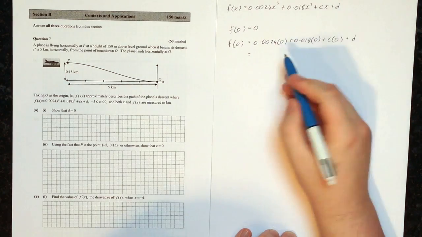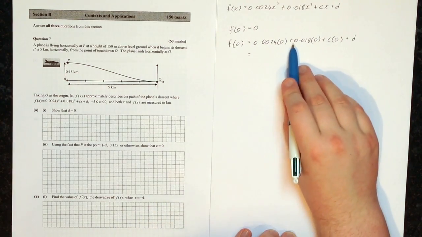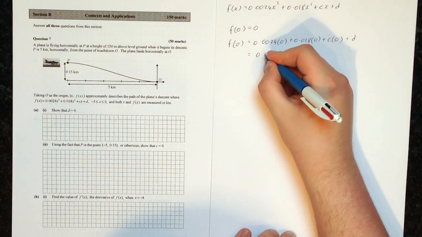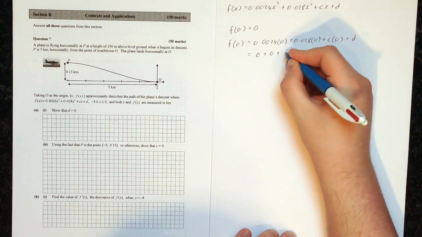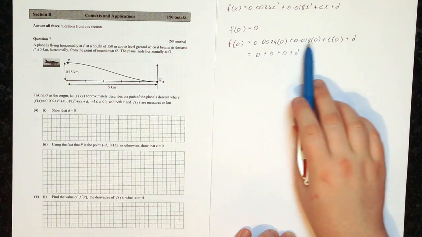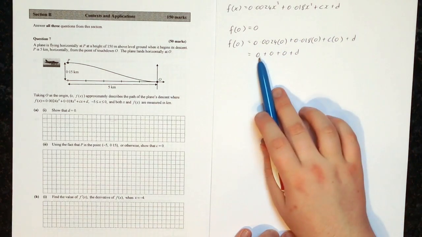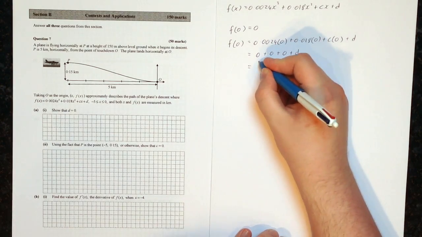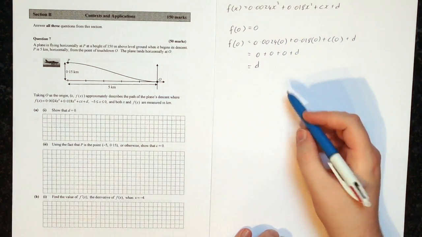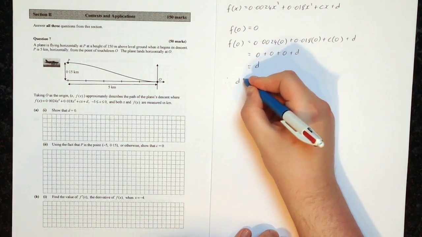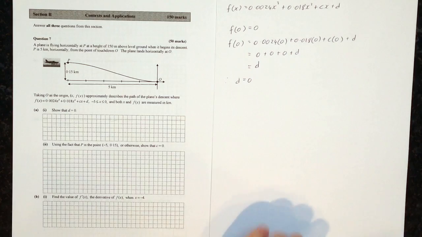So that will be equal to 0 plus 0 plus 0 plus d. Because each time it's some number multiplied by 0, we will get 0. So f of 0 is equal to d, and f of 0 is equal to 0. Therefore, d must be equal to 0.